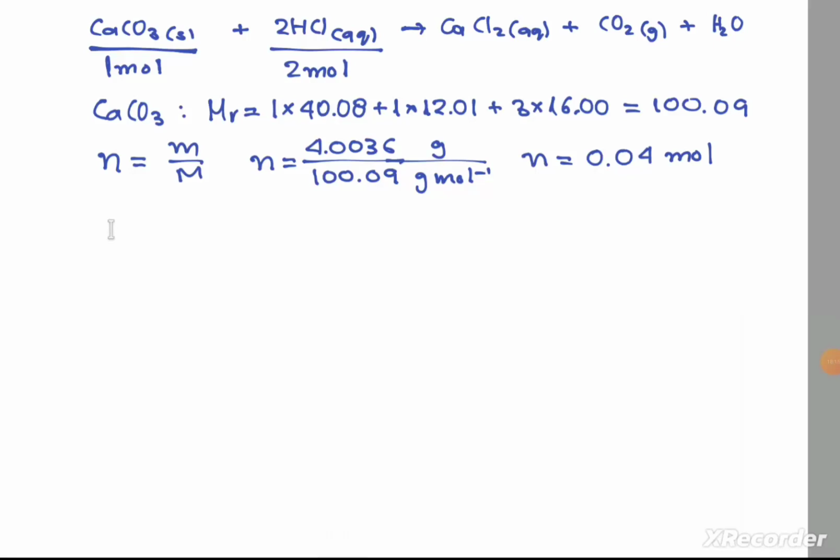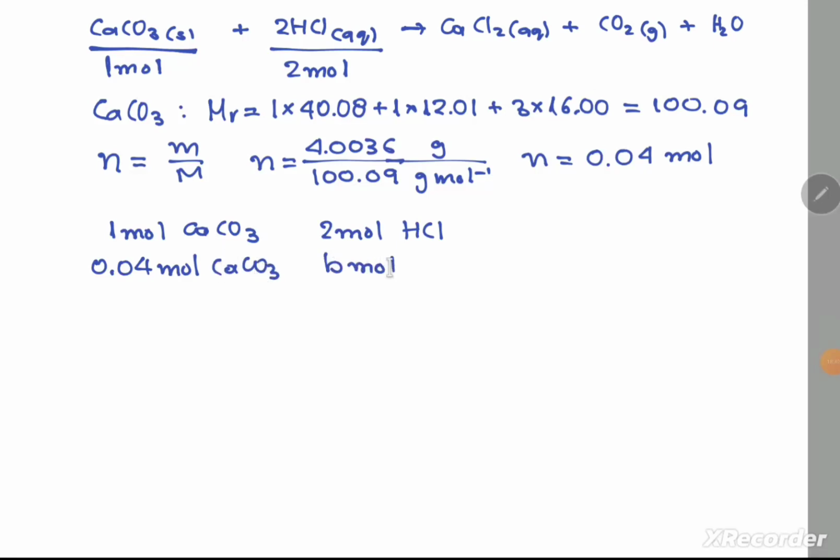So we have 1 mole of calcium carbonate reacts with 2 moles of hydrochloric acid, and the 0.04 mole of calcium carbonate with x moles of hydrochloric acid.